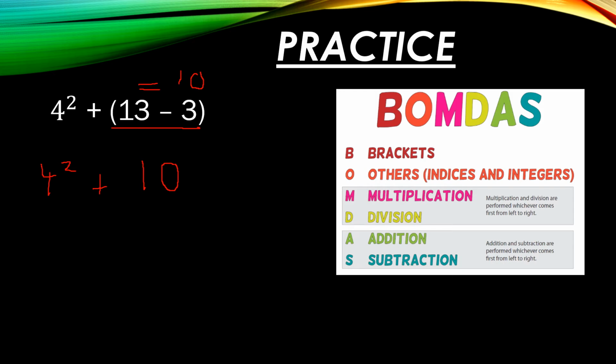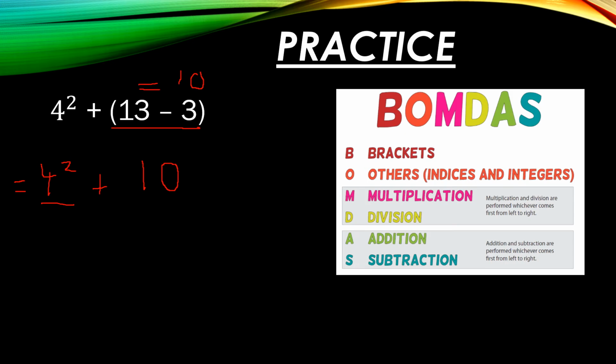Now the second thing we need to do is figure out what goes next. So is it the addition or is it the power? If we have a look at our scale over here, we have brackets and then indices or other is second before addition. So we need to figure out what 4 to the power of 2 equals.